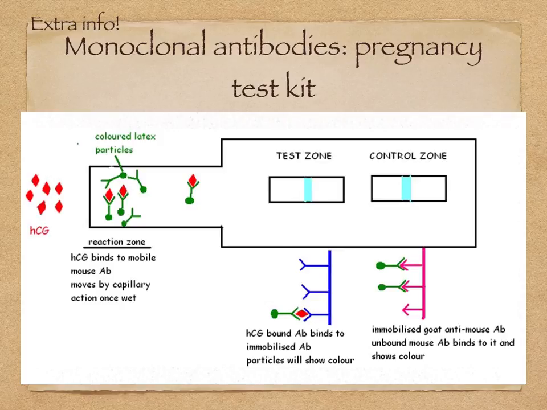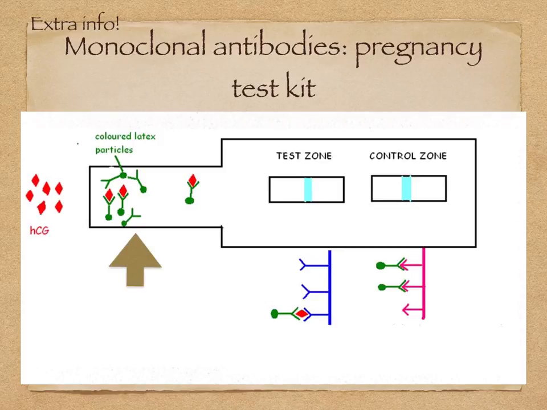So if we look at the different stages, you can see that antibodies are tagged with a particle, represented by those green drawings there. The HCG binds to the first antibody that's got a colored particle attached to it.